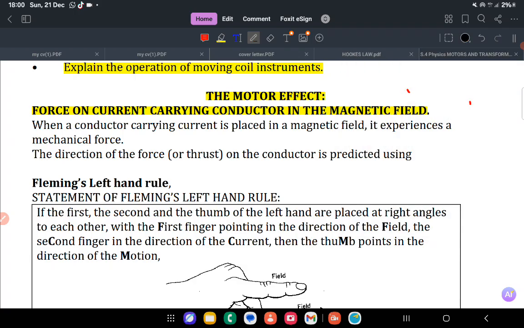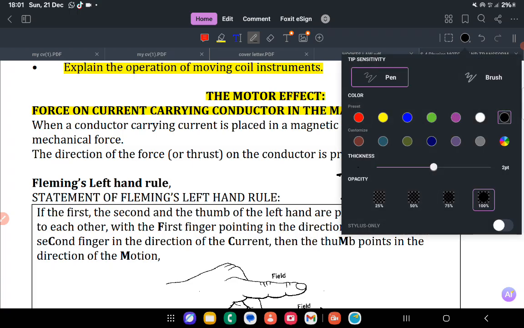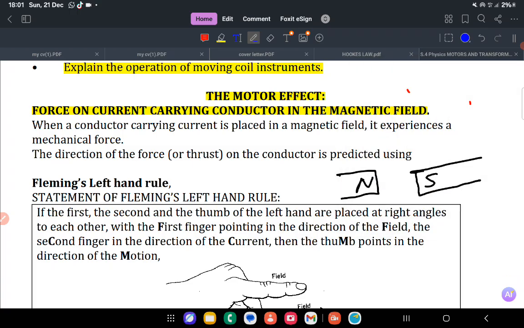Suppose that we have two magnets, such that one end is North Pole, and we have another magnet with a South Pole. So when two magnets are brought into the vicinity of each other, like close to each other, there is a field which is called the magnetic field.